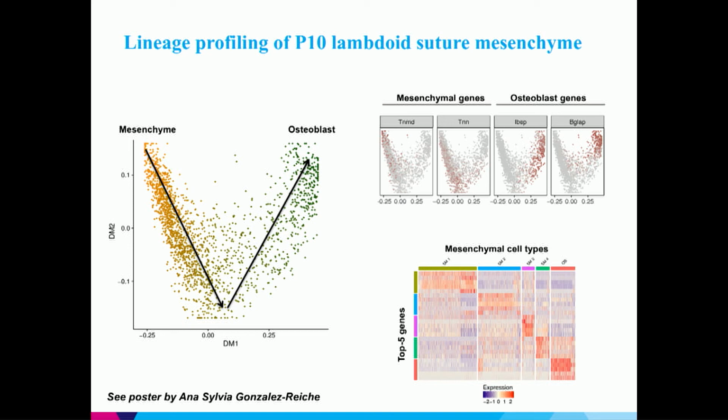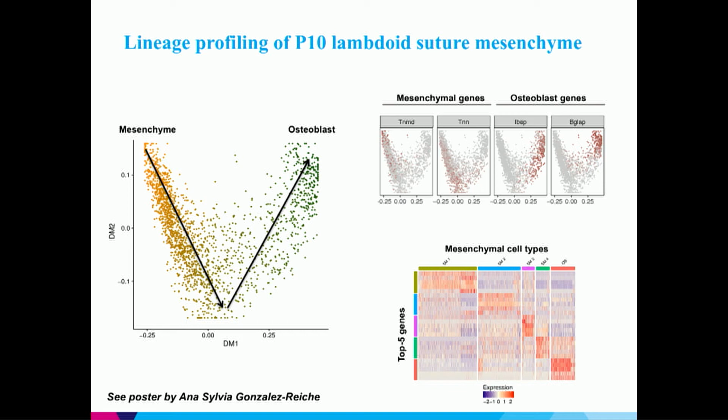That's highlighted in the plot here on the left, where we show the progression from mesenchyme to osteoblast according to pseudotime. What you can see in the plot in the top right is that this progression is characterized by the expression of different types of genes that mark mesenchymal genes or osteoblast genes, and you can see that these patterns change over time during differentiation.